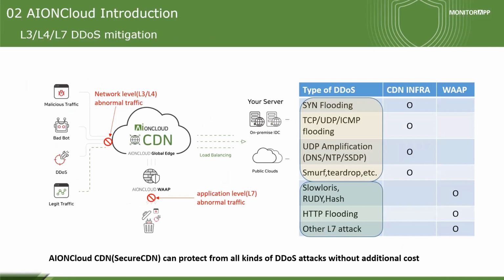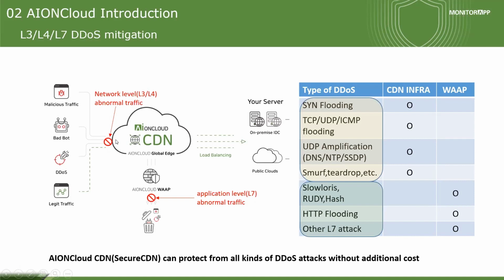So there are various types of DDoS attack. We can say the network level, L3 or L4, and the application level, layer 7 attack. For network level attacks, since the CDN edge is a reverse proxy, the network level unknown traffic will be denied at the CDN edge level.